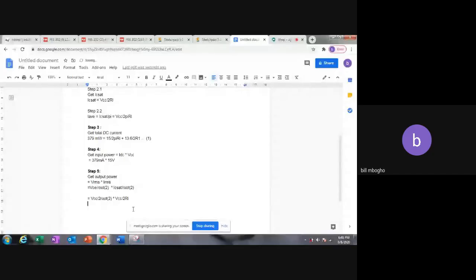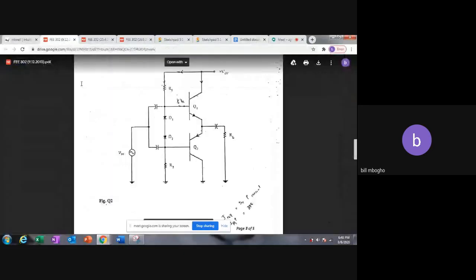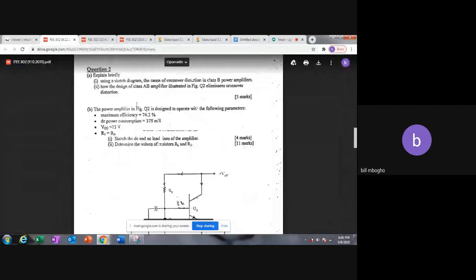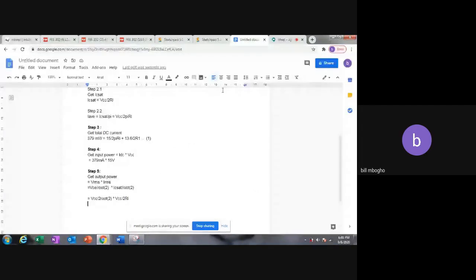VCC, I recall from the question, VCC was 15 volts. So here we're going to have 15 squared, 225 over, sorry, this is AC sat over root 2, so 2RL times root 2.